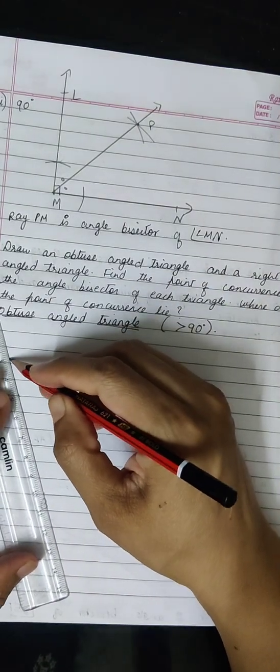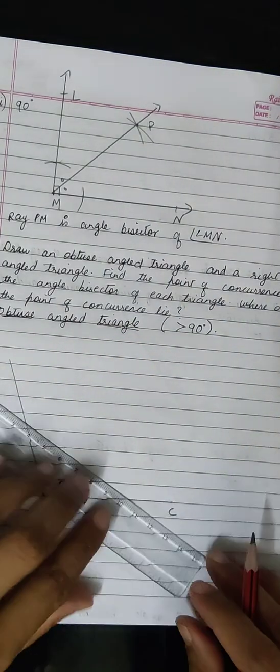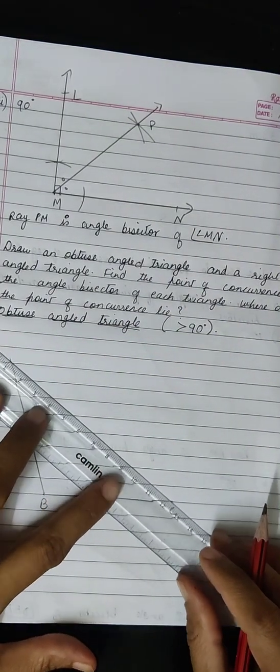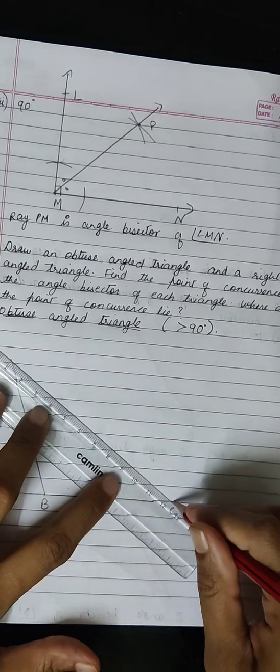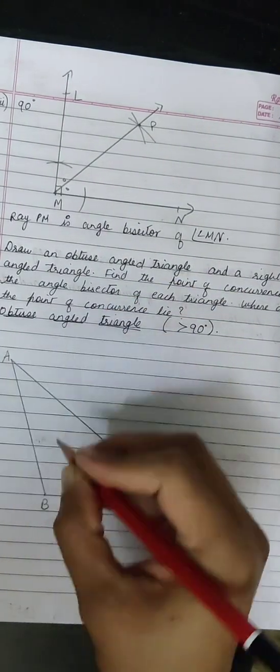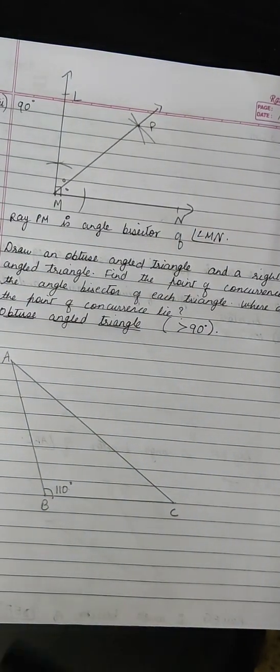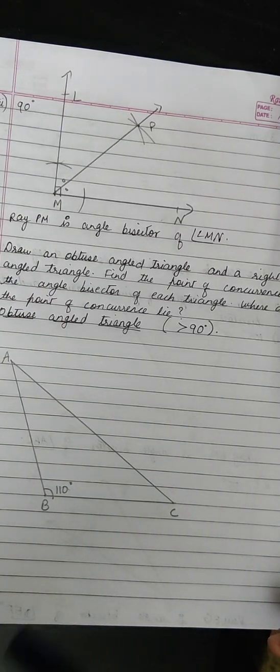So I'm making a line and I'm joining it to C. So this is my obtuse angle triangle ABC, 110 degrees.